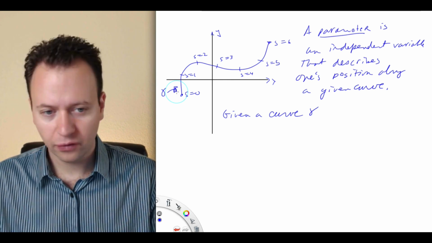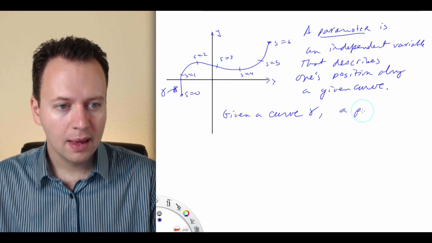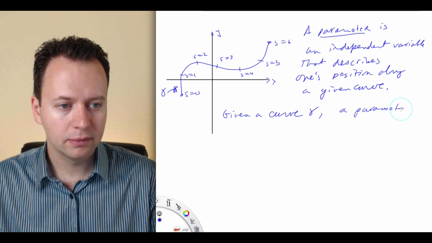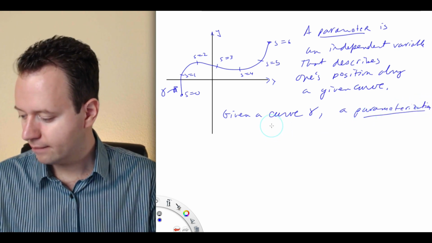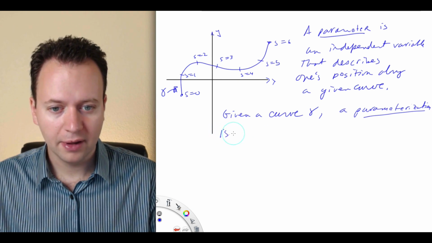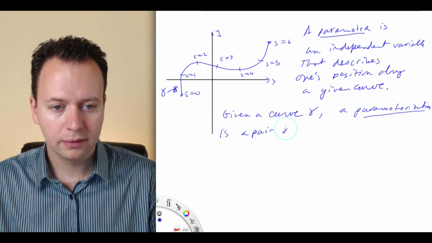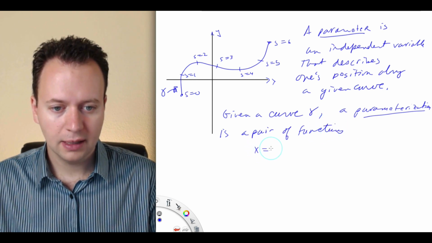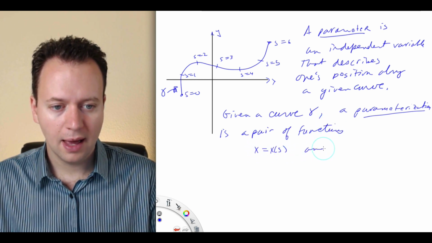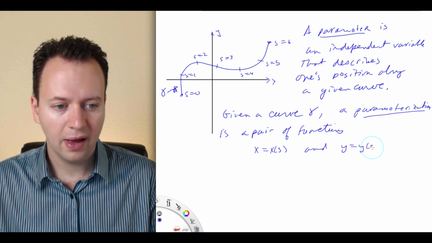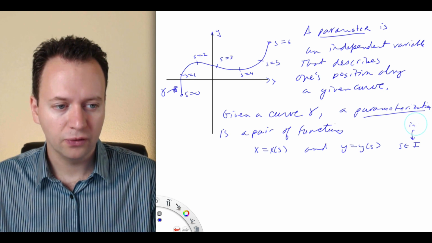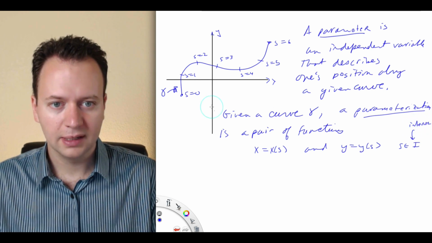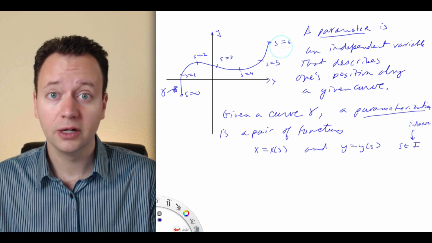So given a curve gamma, a parameterization of the curve gamma is a pair of functions x equals x of s and y equals y of s for s on some interval I. So this is an interval. In this example, it would be the closed interval from 0 to 6.